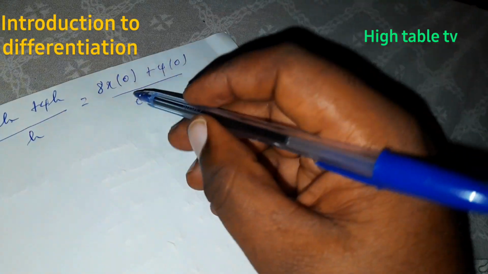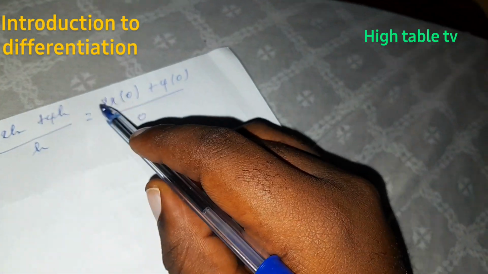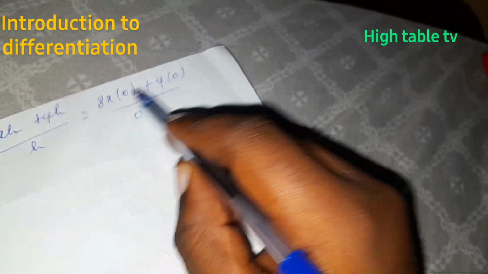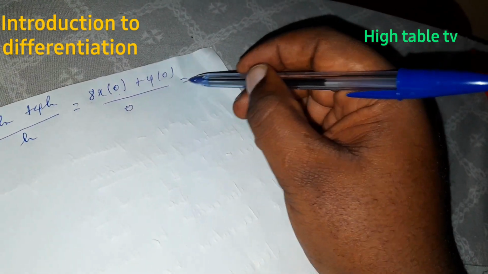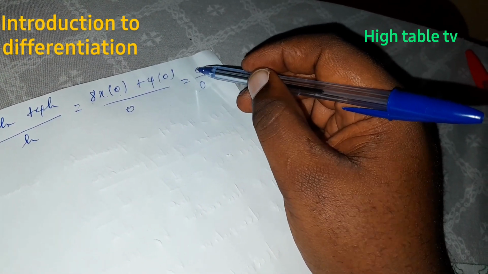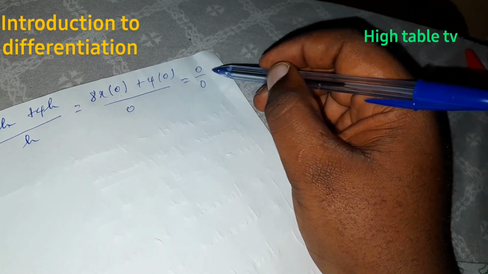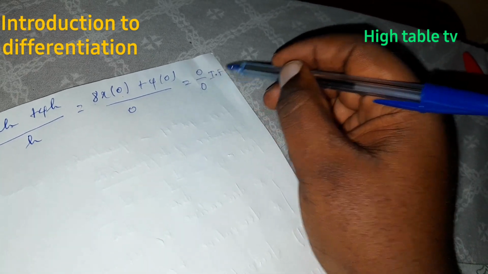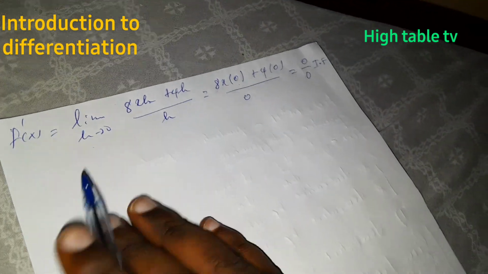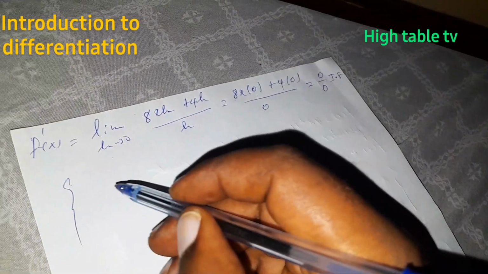So we get 0 over 0. And as you know, this 0 over 0 is an indeterminate form. So we can remove this indeterminate form by referring to the techniques that we have.